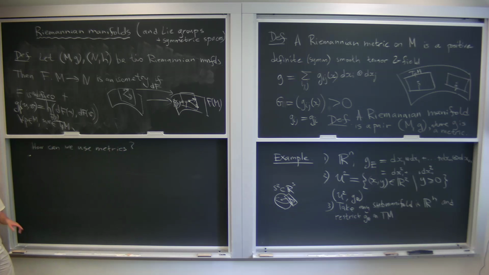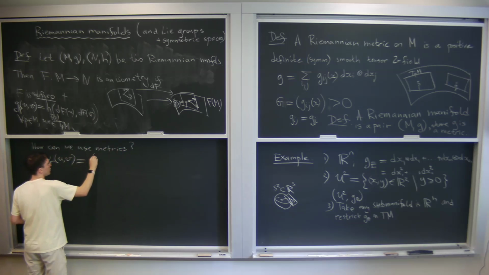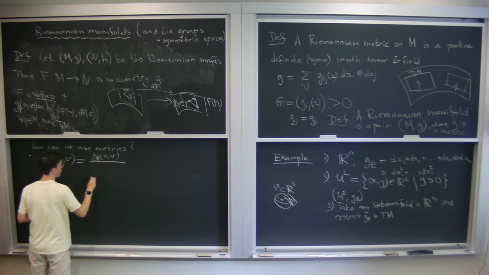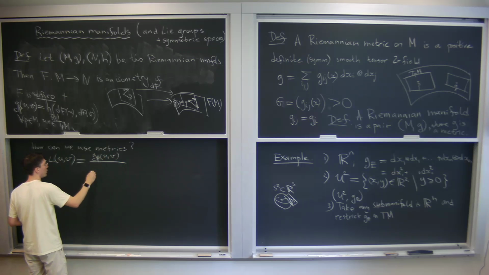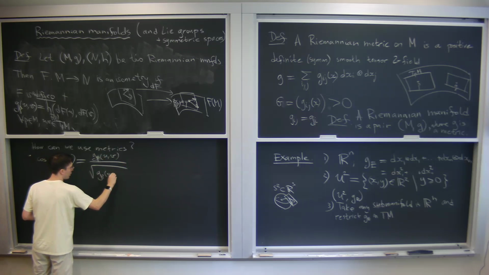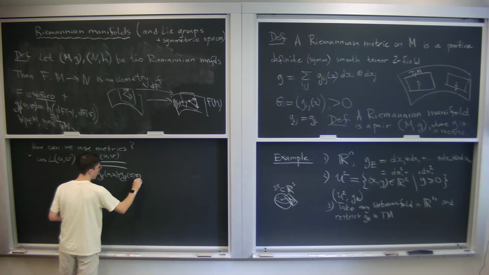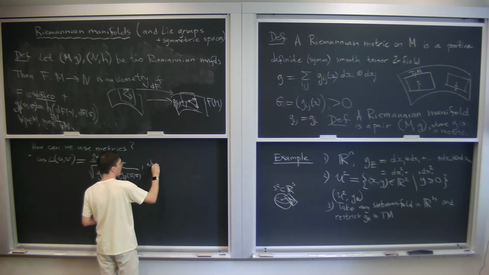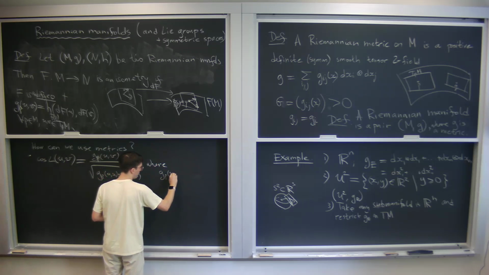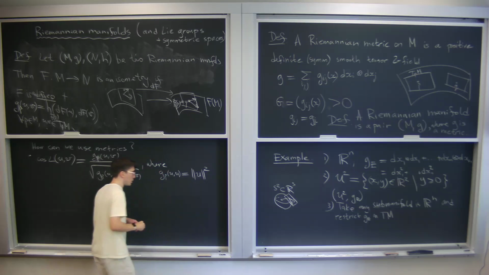For example, if you want to compute an angle between two tangent vectors, you can use the formula that the cosine of the angle between two vectors is the following ratio: the scalar product of these two vectors with respect to this metric over the product of norms, where G_P(U, U) is basically just the norm of the vector U squared.